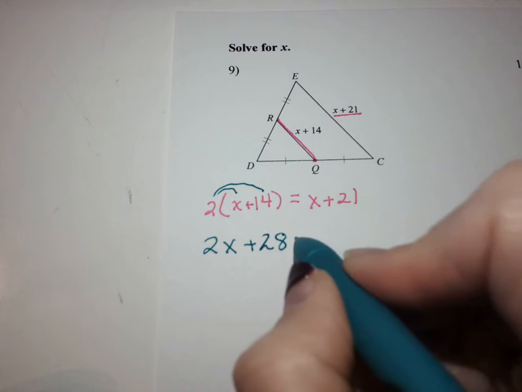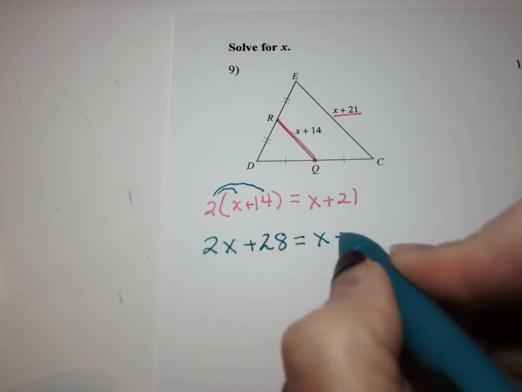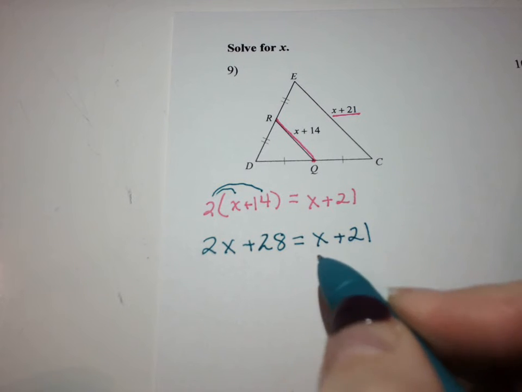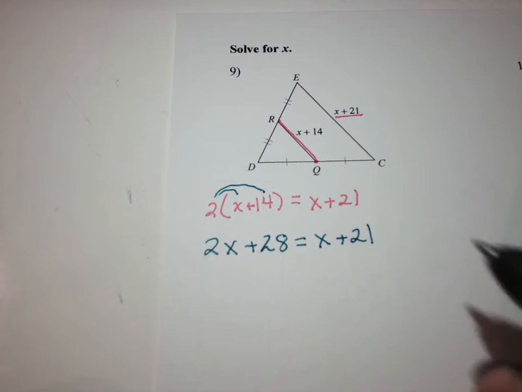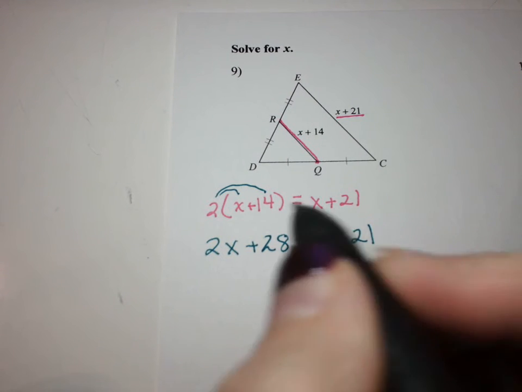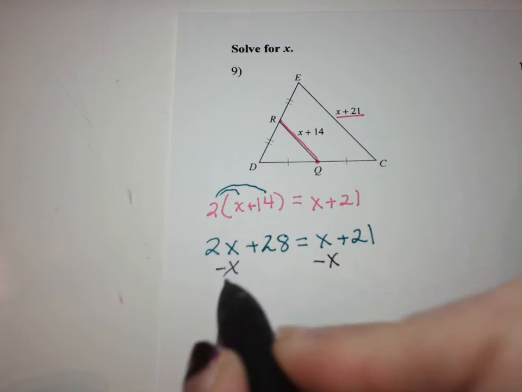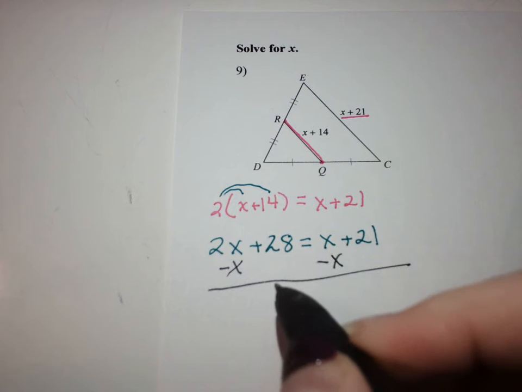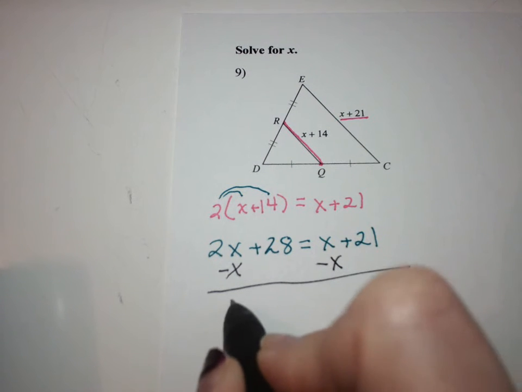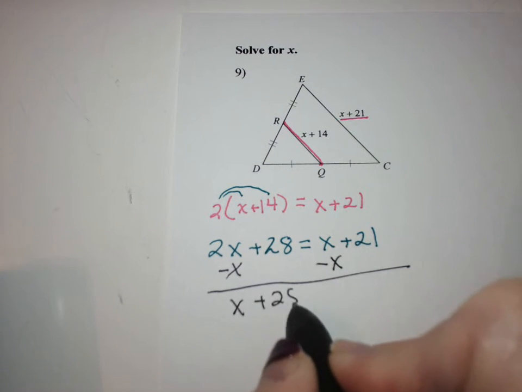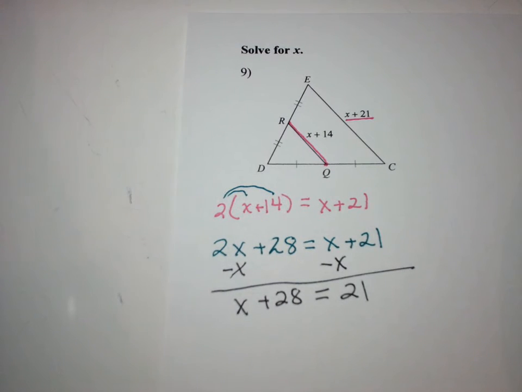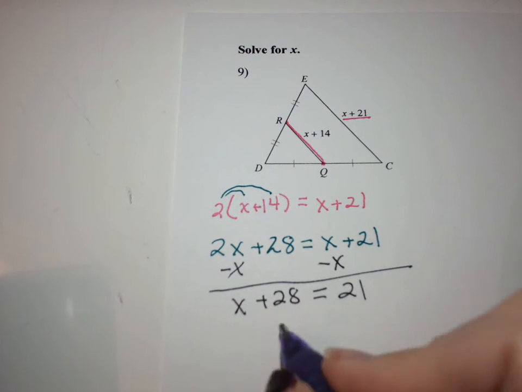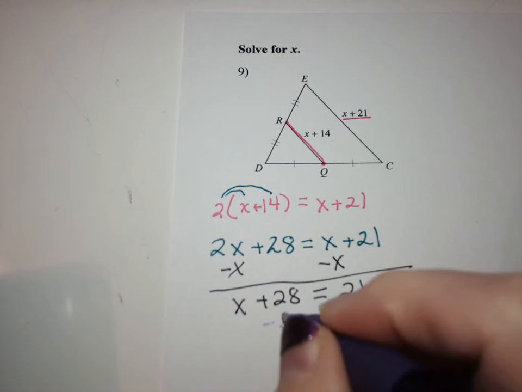Okay, and then that is equal to x plus 21. So now from here, you're just going to solve for x. Okay, so we're going to subtract x, and then you're going to have x plus 28 is equal to 21. And then you're going to subtract the 28 from both sides.